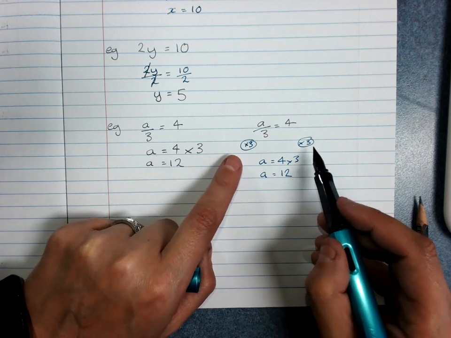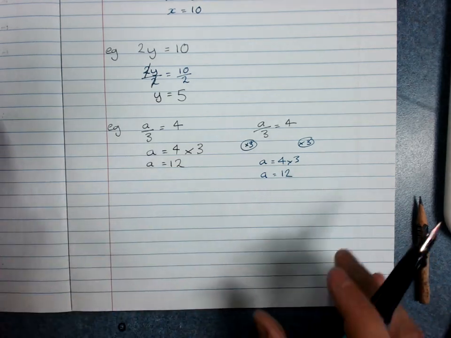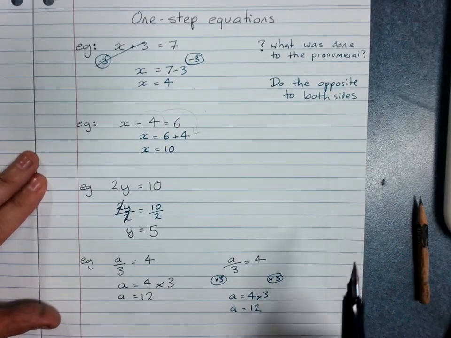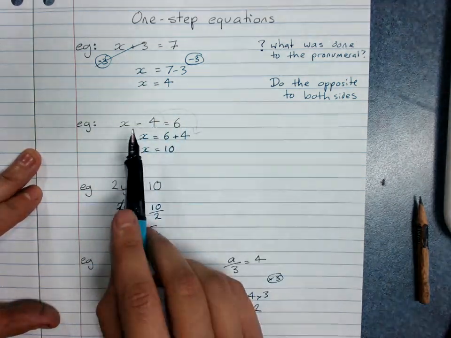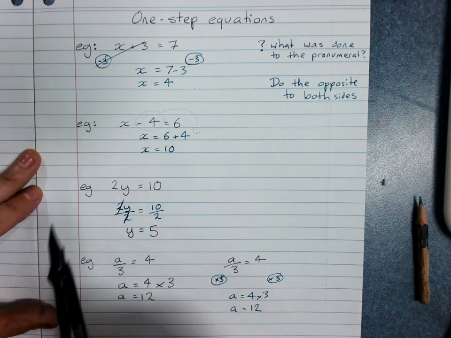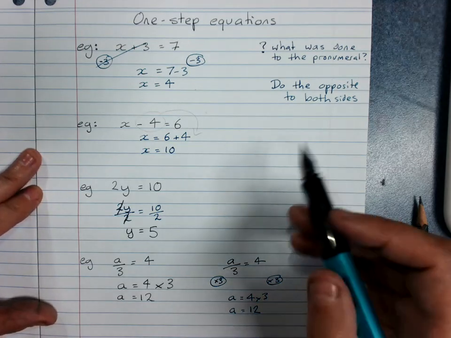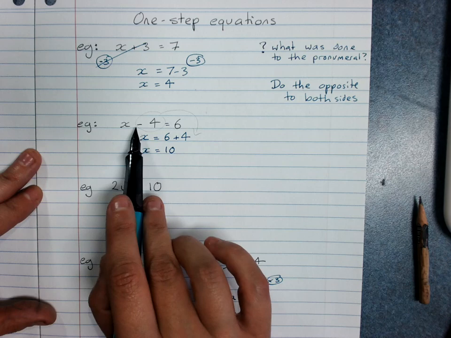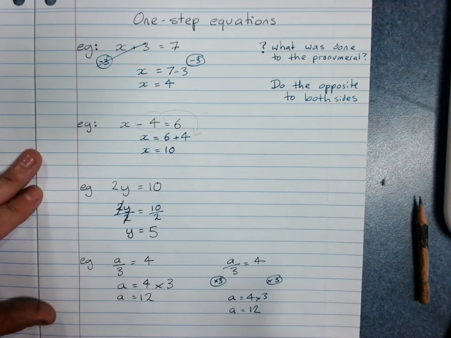It's okay to put these in, but in later years you'll have to stop using this as a support. So your one-step equations, you can tell they're one step because there's only one number hanging out on the side with the unknown. You work out what was done. X had 4 taken away. You do the opposite to both sides.